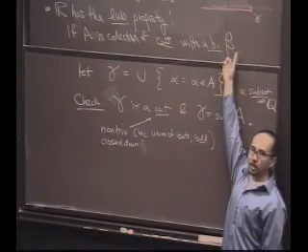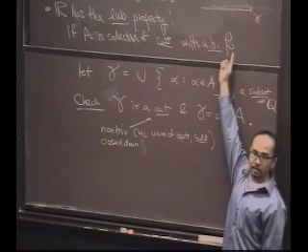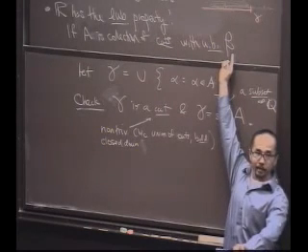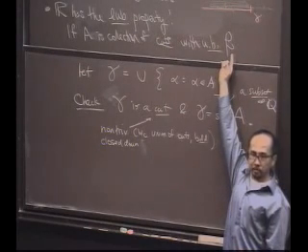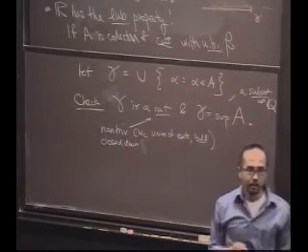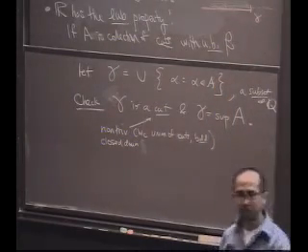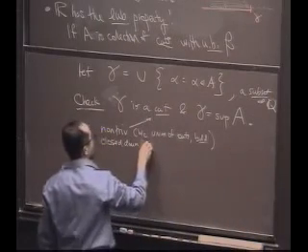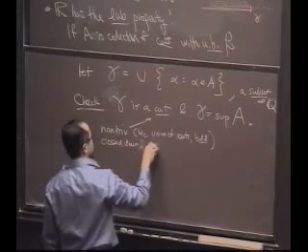Again, if you pick something in gamma, it must be in some alpha. But alpha has no largest member, therefore it has something bigger than it. Therefore, that thing's in gamma. Okay? With me? Good. So it's closed downward, and it has no largest element.